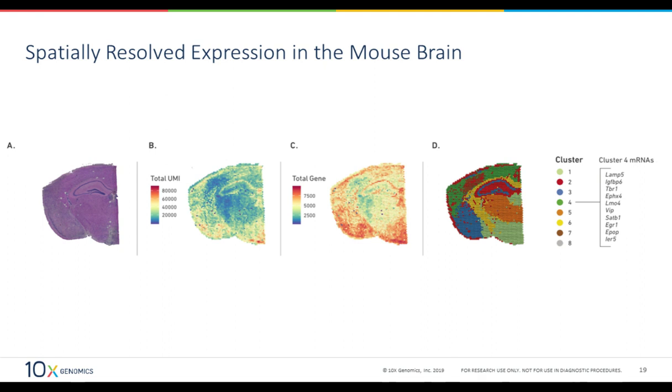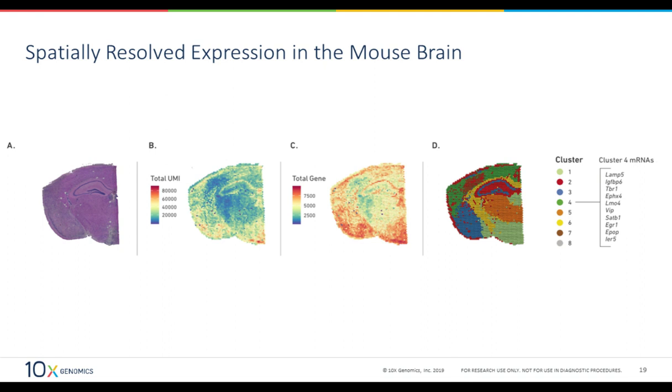And then we ask the question of how many genes, unique genes, are identified in any given location. You can see in section C here that there are a lot more genes on the periphery of this tissue than in the center. And then you can go further to say, okay, knowing that there are different levels of genes in each of these cells, can we create populations of cells that are very similar to one another based on gene expression?